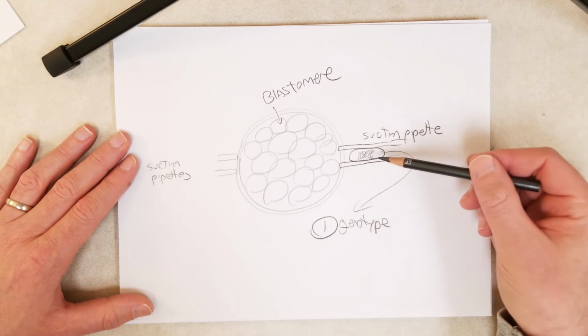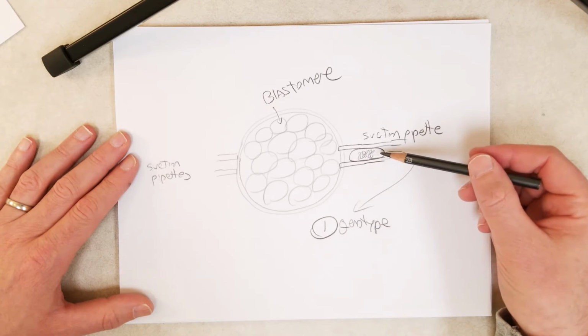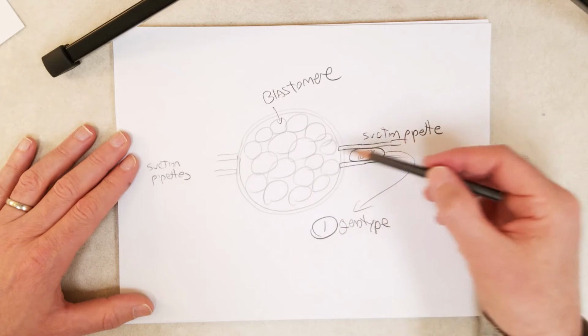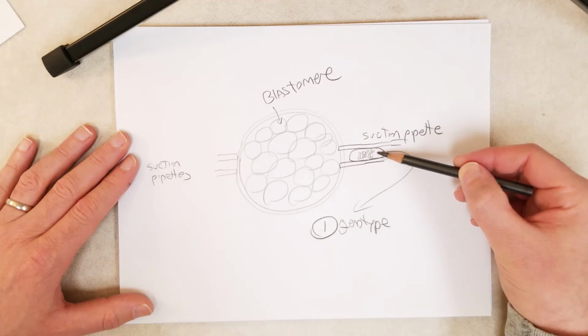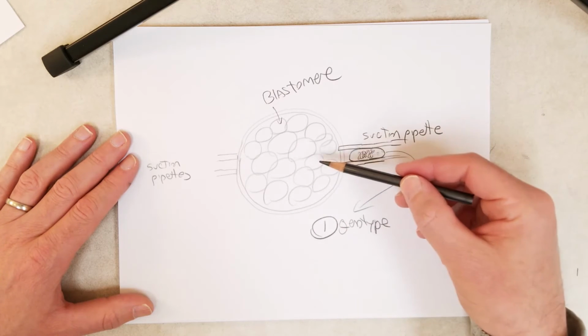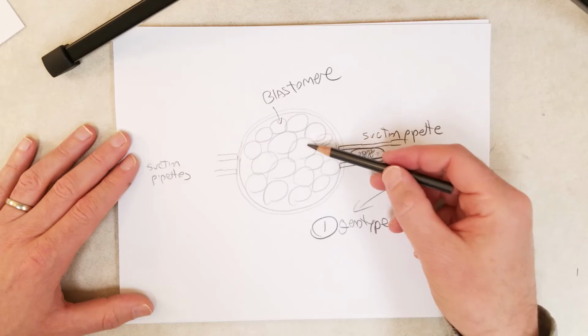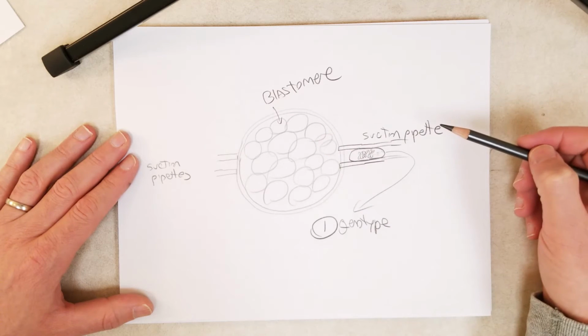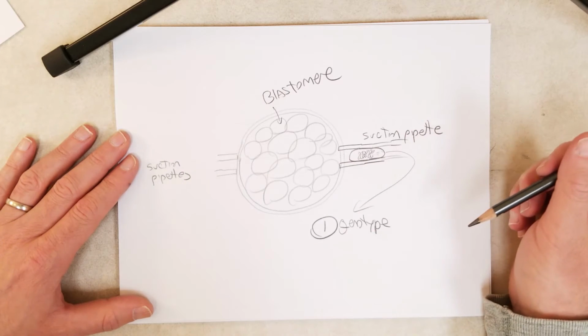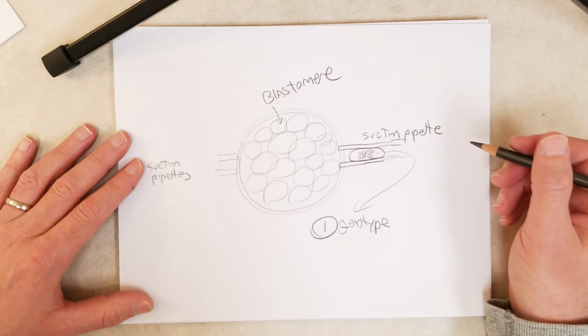It would be possible to genotype this embryo based on the DNA in this blastomere to see if the embryo is homozygous mutant for that genetic disorder. And if it was, then they wouldn't implant that embryo. They would choose a different one that was heterozygous or homozygous wild type.